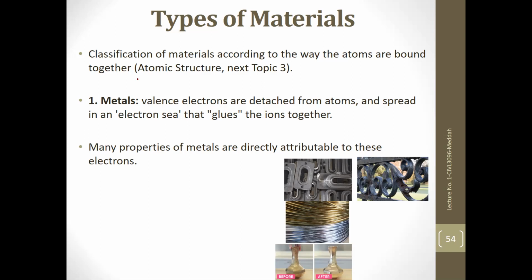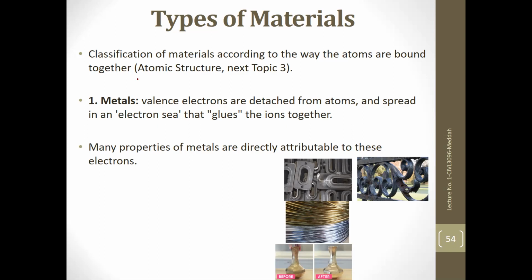So the classification of materials, as we briefly discussed in the last recording, is linked to their chemical bonding mainly. The chemical bonding determines the class of the material and also their properties.